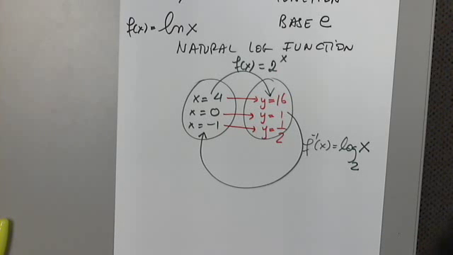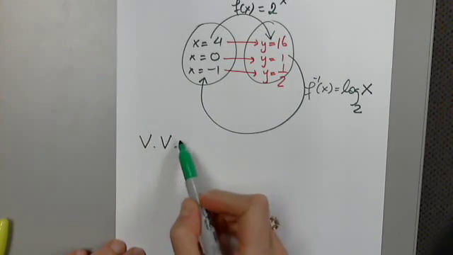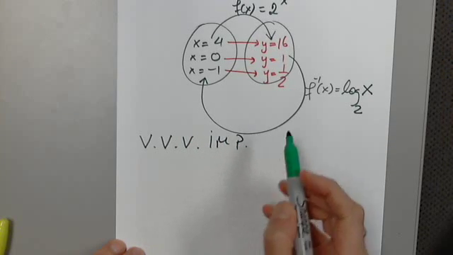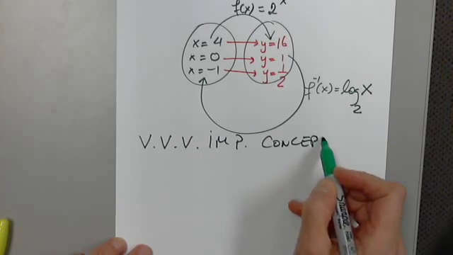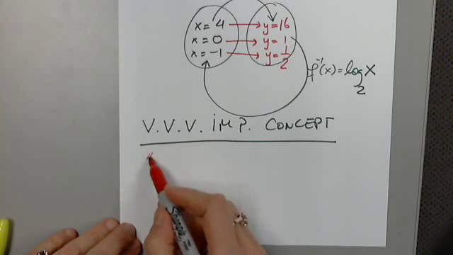Okay. Before I do this, with your help, we have to learn a very, very important concept in this entire chapter. The most important concept in this chapter is this. First, let's write it in plain English.